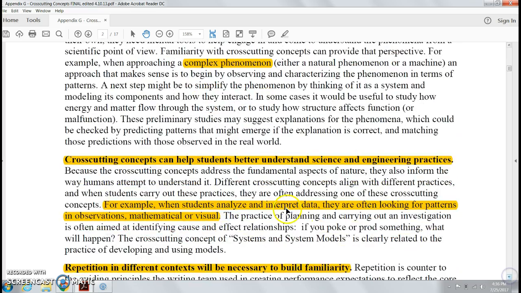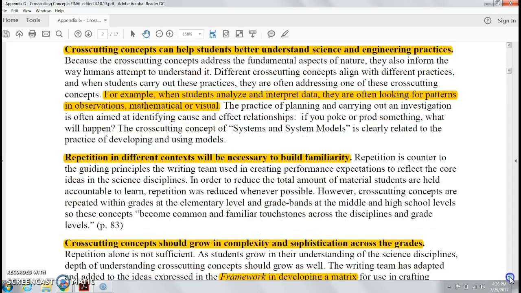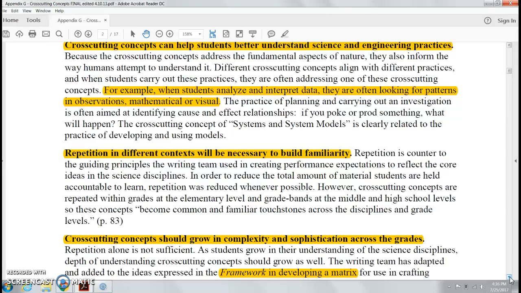You see, the cross-cutting concepts can help students better understand science and engineering practices. For example, when students analyze and interpret data, in the process they will be looking for patterns in observations or mathematical data, or they'll be looking for patterns in visuals or physical materials that they're looking at. Now, the good thing about the cross-cutting concepts is that there will be repetition in different contexts.